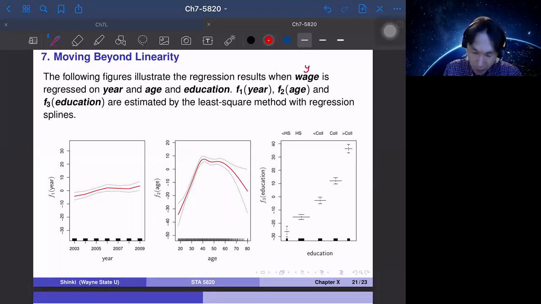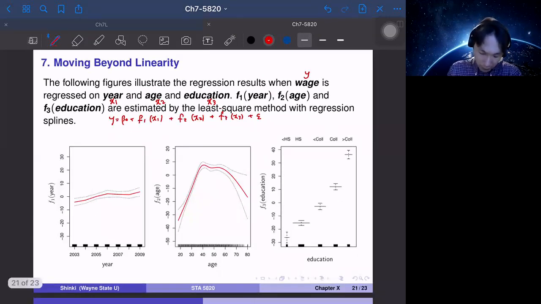So wage is y, year is x1, age is x2, and education is x3. We fit y on a function of x1, a function of x2, and a function of x3, and we see just the profile of each function. Basically we fit y is equal to maybe beta naught plus f1 of x1 plus f2 of x2 plus f3 of x3 plus epsilon.